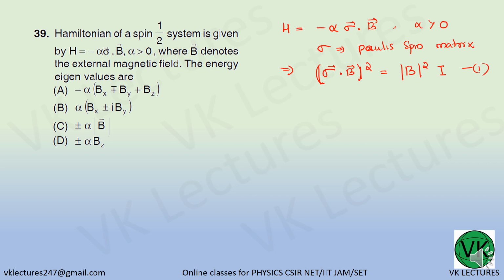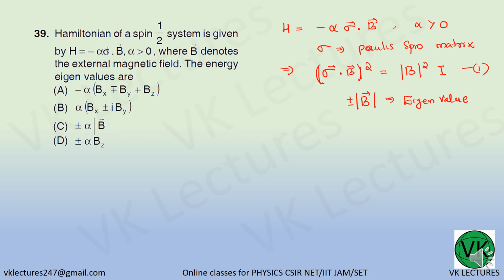Now from this we can understand that plus or minus the magnitude of the magnetic field is the eigenvalue. The operator sigma dot B acts on the state and you get B times some value.